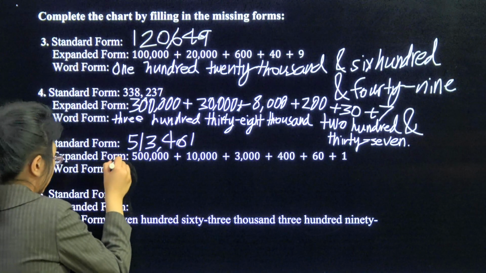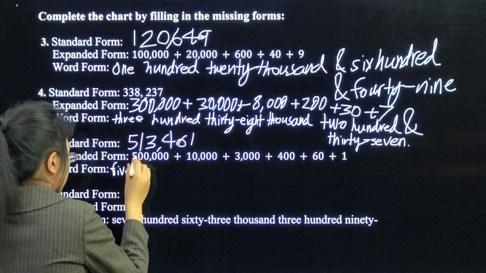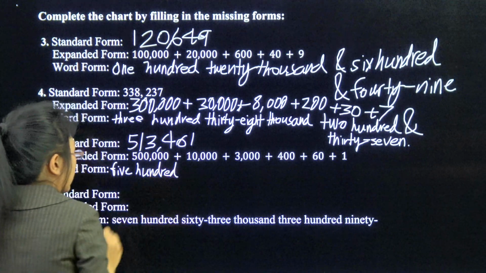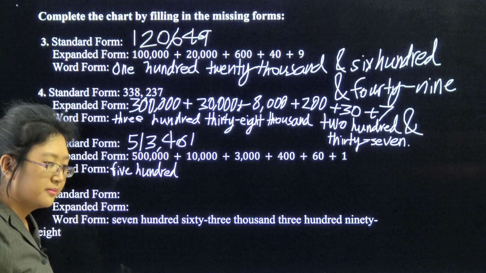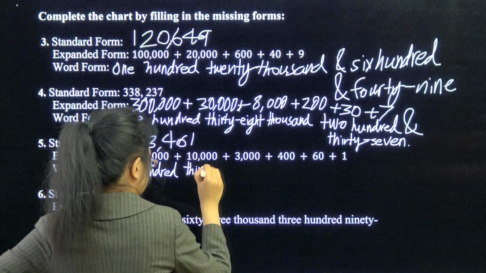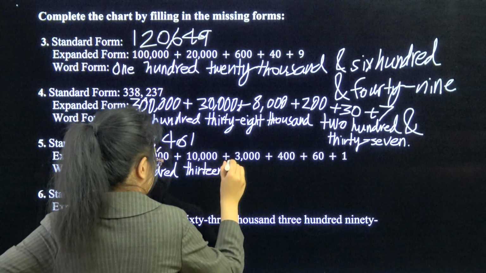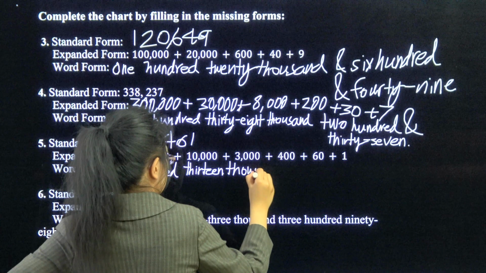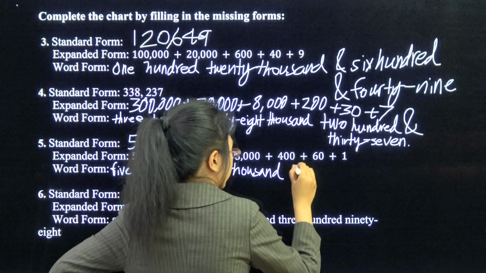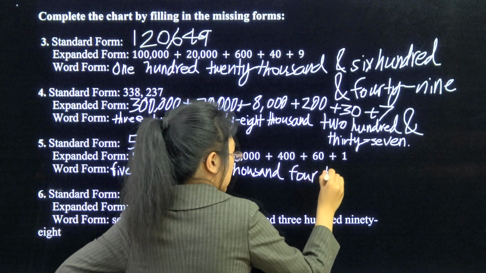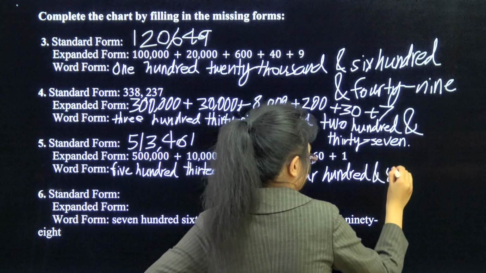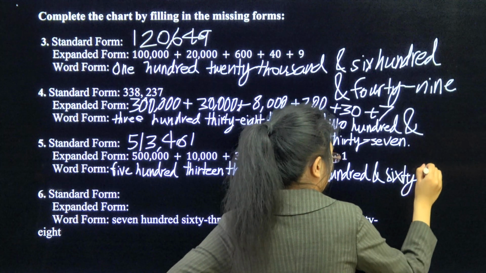Okay. The word form would be 500. Now you don't say 10,3,000. You just say 13. 13,000 461.